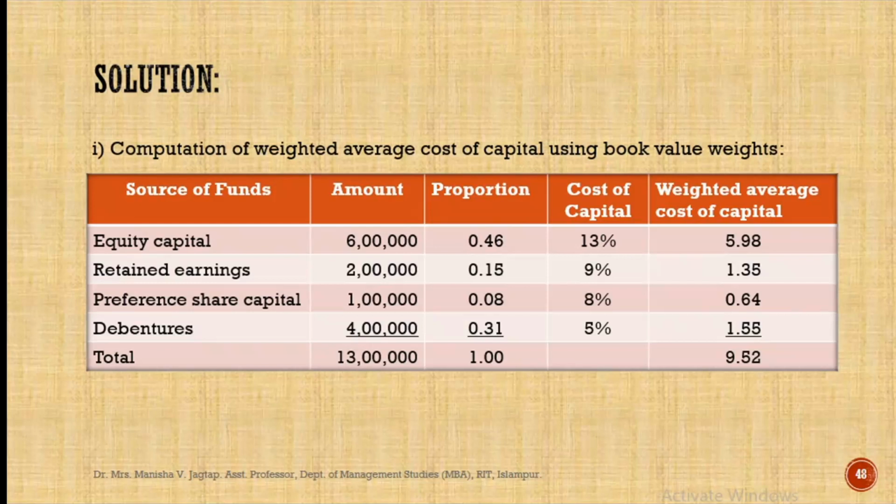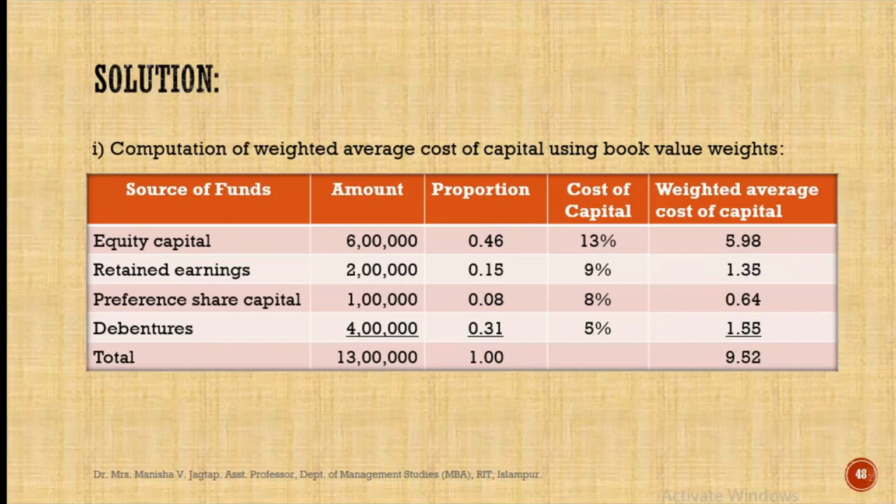The first is the sources of fund, which is already given in the example. The second column is the amount, that is the book value given in the example. Then we compute the proportion of equity capital, retained earnings, preference share capital, and debentures to the total capital, and then the cost of capital, already given in the example.